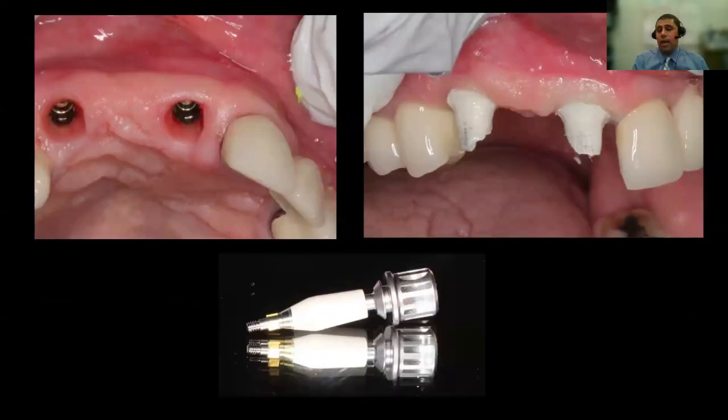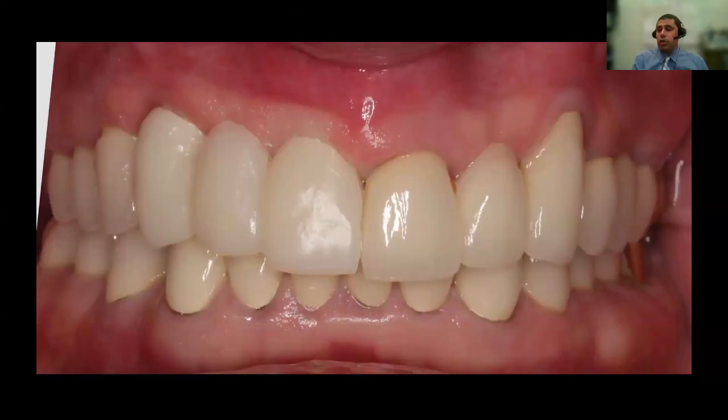Then the patient came back, and the way we restored this patient was we initially fabricated a cement retained provisional restoration on temporary abutments, so we can contour the soft tissue the way we want it and have a better emergence profile, so we can then transition those contours to the definitive restoration.